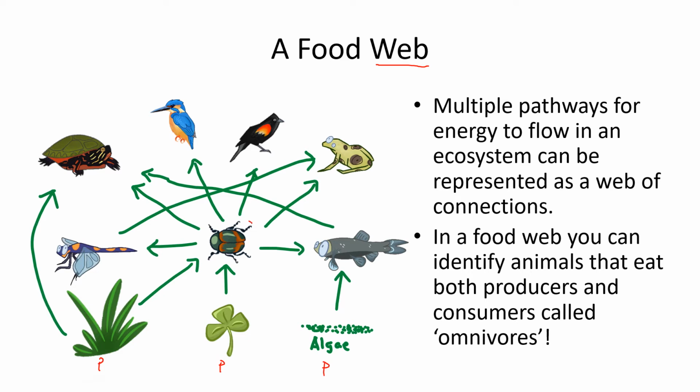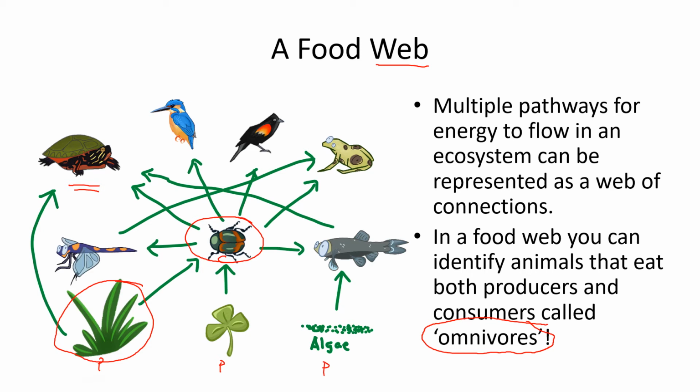So you've got a consumer here that's a beetle, and you've got a grass here that's a producer, right? So if you have an organism that will eat both, like this turtle, that means that your turtle is then considered to be an omnivore, right? Organisms that eat more than one thing.